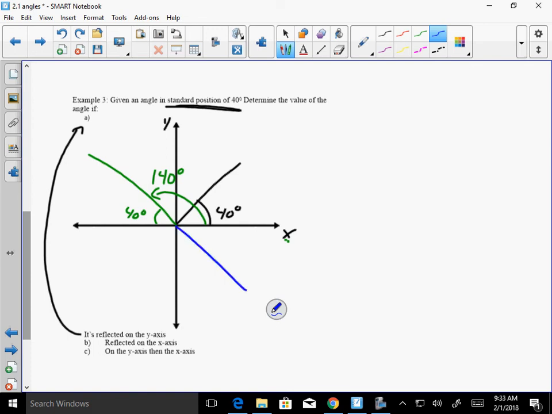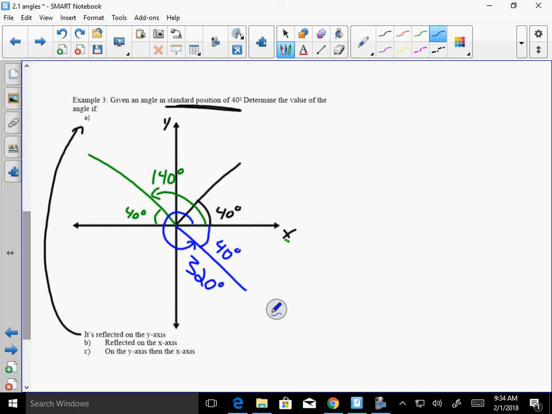That's off the x-axis, so I'm going to have an angle here of 40 degrees. That's my reference angle now. So my total angle is 120. Not 120. All the way around back to this x-axis would be 360. 220. Not 220. 320.